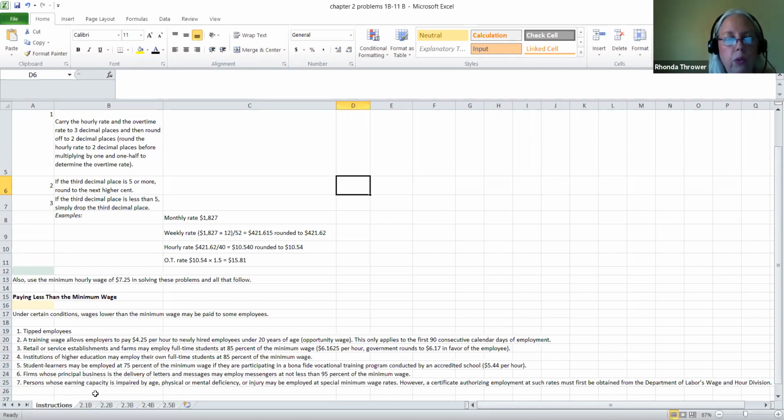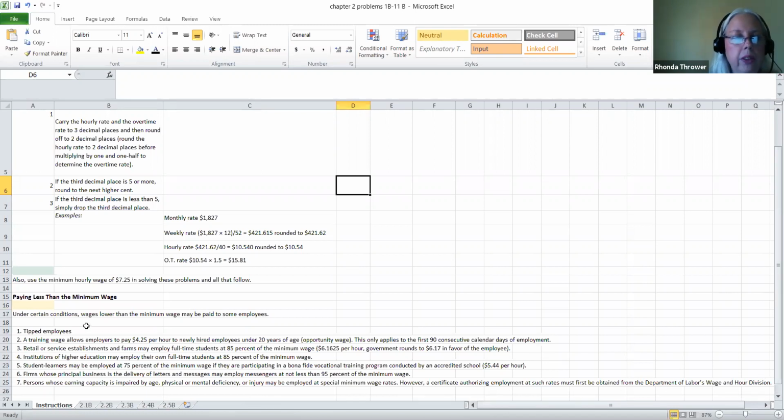And persons whose earning capacity is impaired by age, physical or mental deficiency, or injury can also be employed at a special minimum wage rate. However, a certificate authorizing employment at such rates must first be obtained from the Department of Labor's Wage and Hour Division.